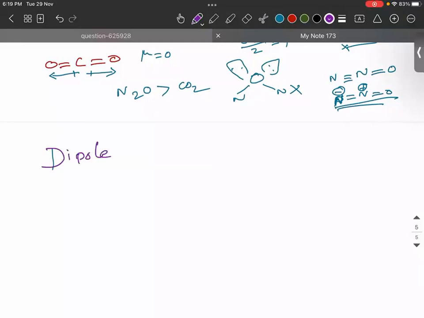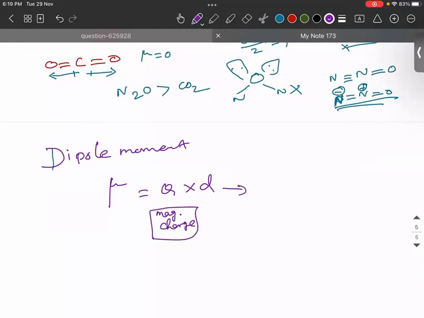Sir, arrow mark. So mu is the dipole moment. Who invented that? Debye. So mu is equal to Q into D. This is the formula. What is Q? Magnitude of charge. This is distance. So the unit is Debye.